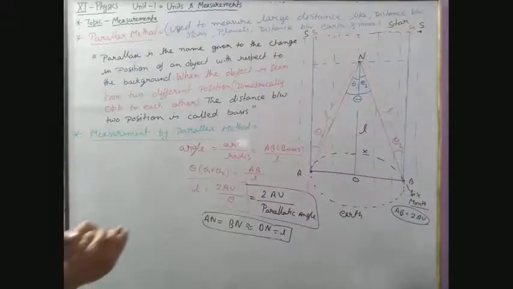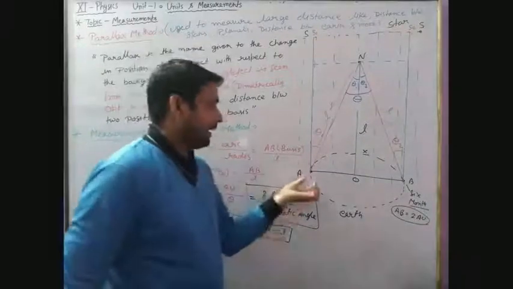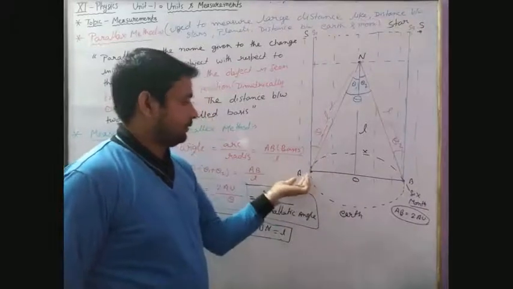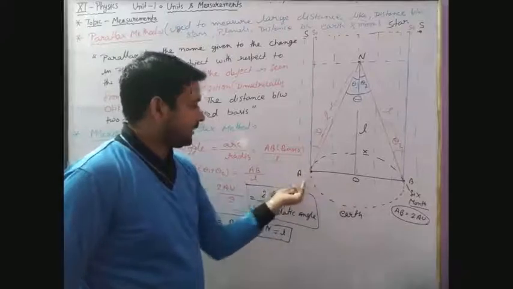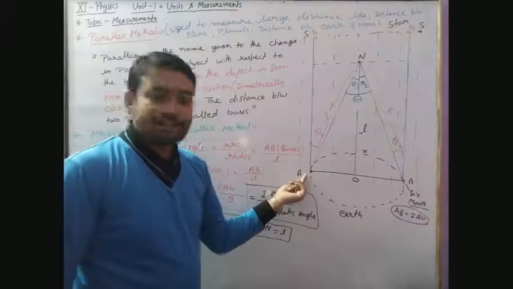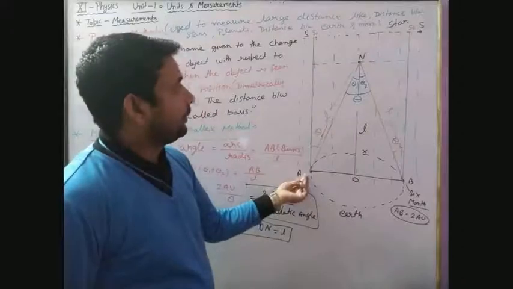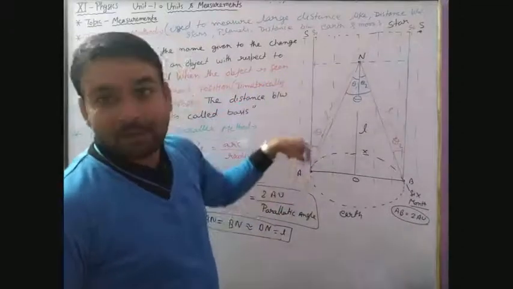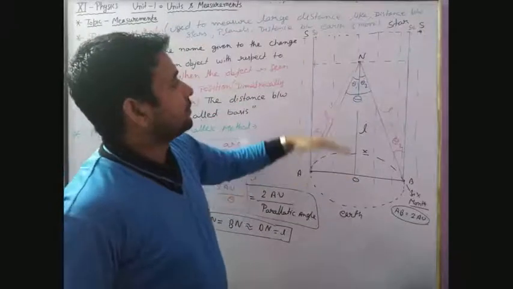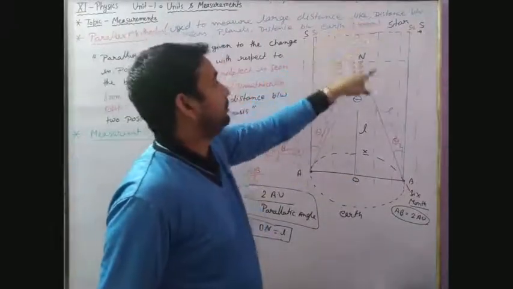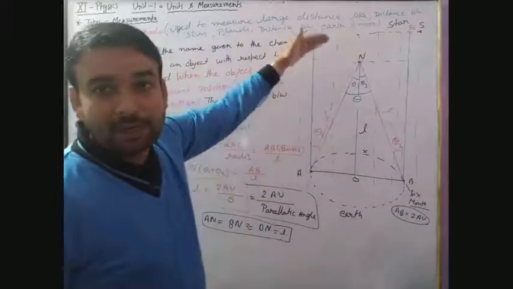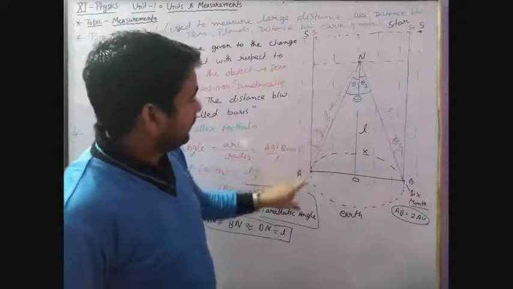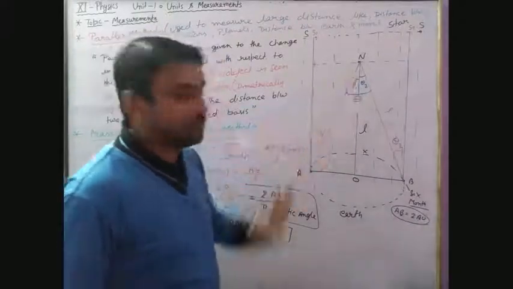Here you can just assume an object on Earth at point A at any instant of time, from a star N at a distance L. Now suppose a far star from where the light comes parallel to each other, and the angle measured from AS1 is equal to theta 1.